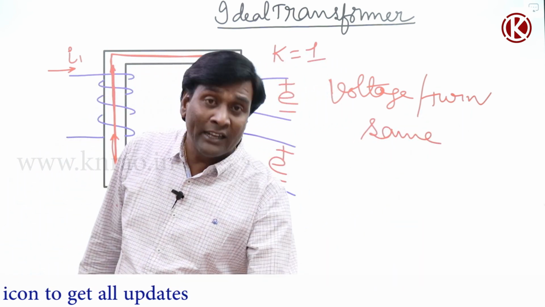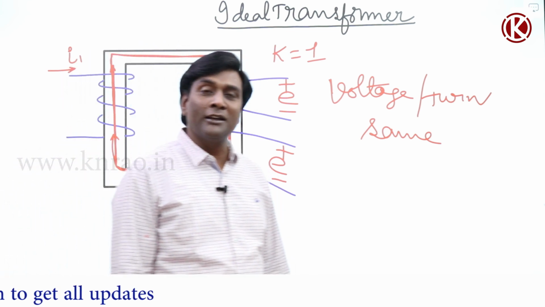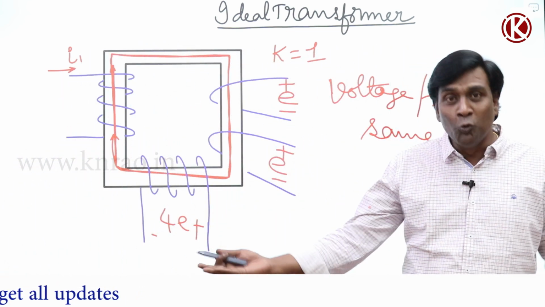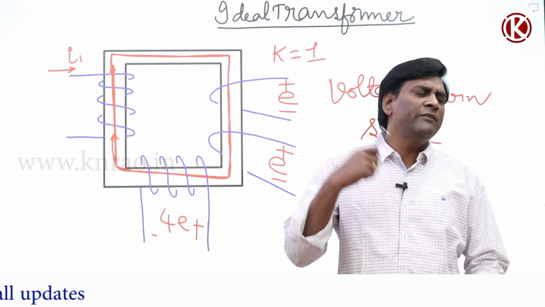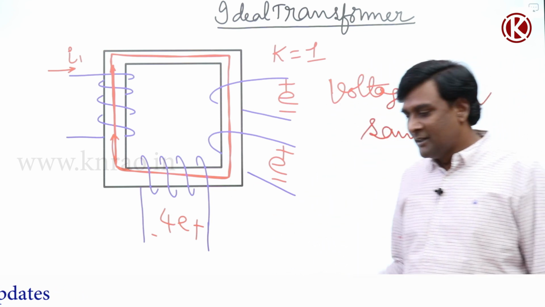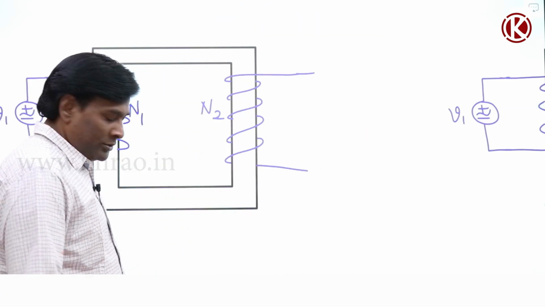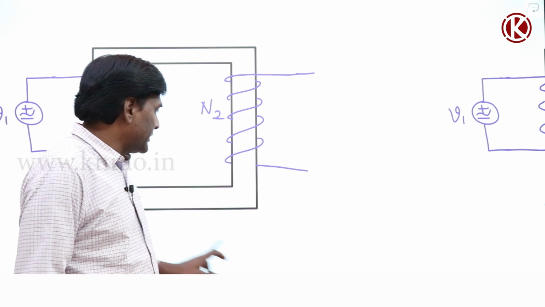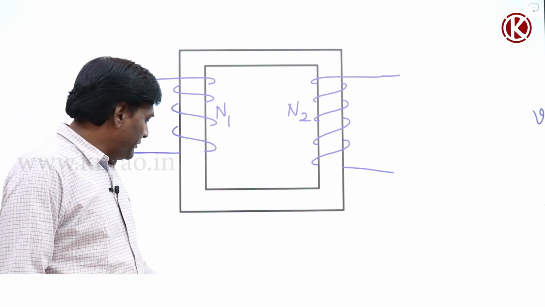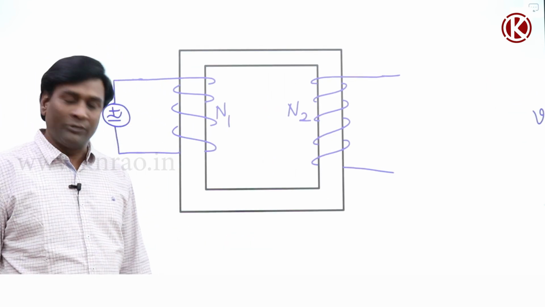Now here we can connect a voltage source, we can connect a current source, we can connect two sources on two sides. Anywhere, any time we can analyze, because networks are meant for play. See here, if I connect a voltage source here, let us see what will happen.